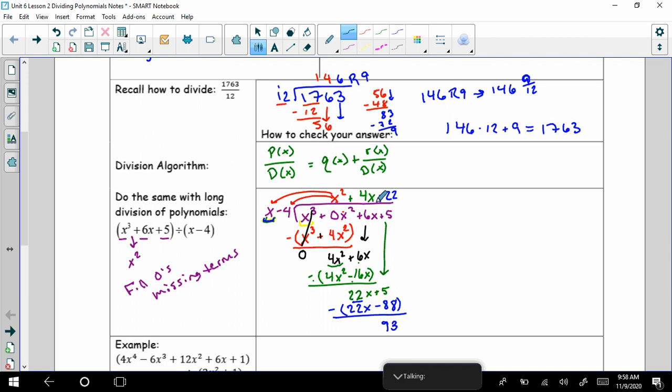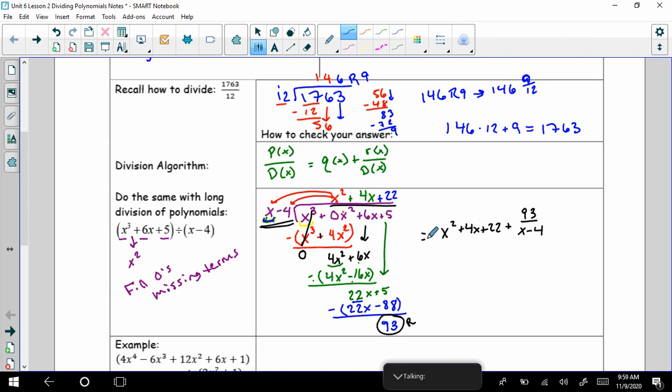And so following our formula up here, I'm going to take my quotient, which is this top one, so x squared plus 4x plus 22, and then add my remainder, which is this number down here, so 93, over my divisor, which is this whole thing that I divided by. And that is my solution.